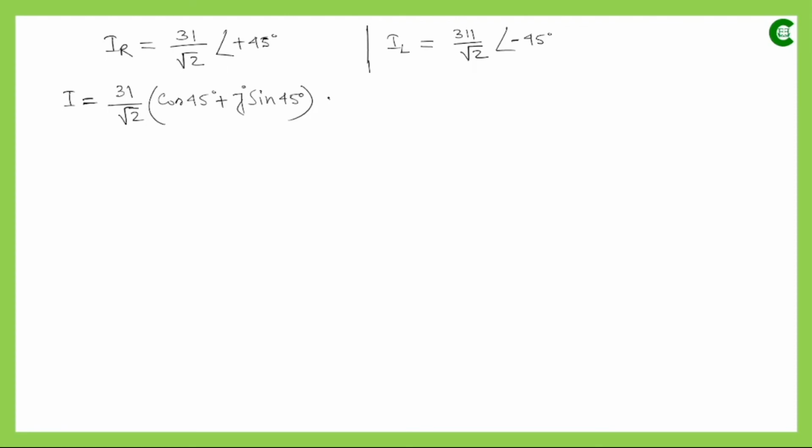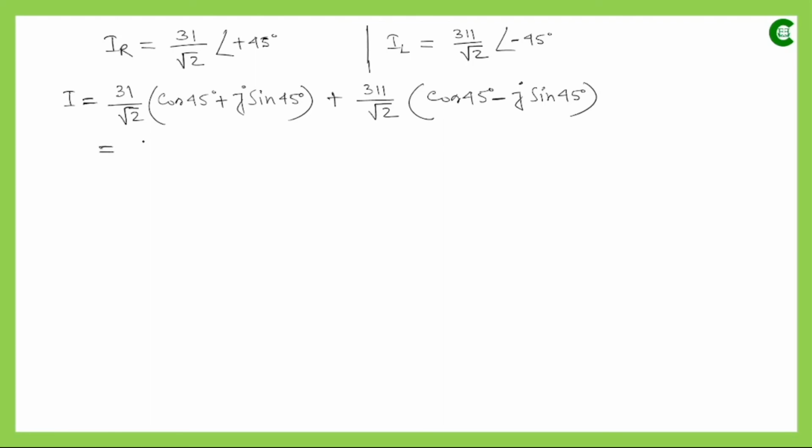And then the IL part, so IL is 311 by root 2, and it will be written as cos of minus 45 degree, where cos of minus theta is equal to cos theta, so it will be cos 45 degree plus j sin of minus 45 degree, so I am writing directly, minus j sin 45 degree. So it is calculated this way.